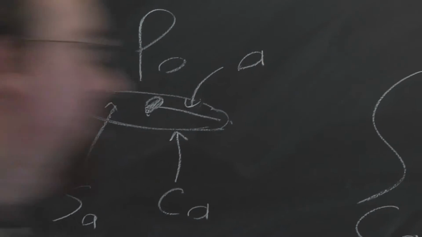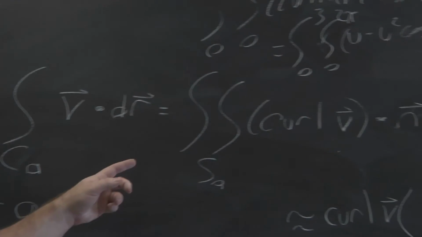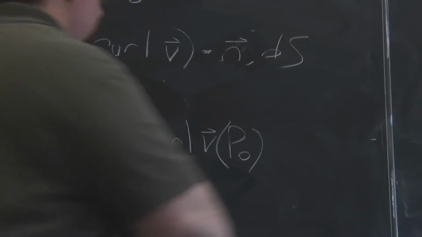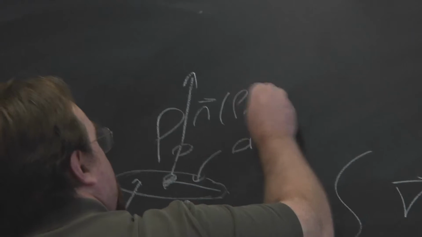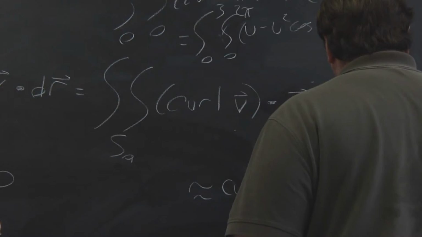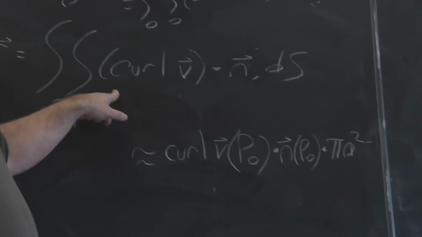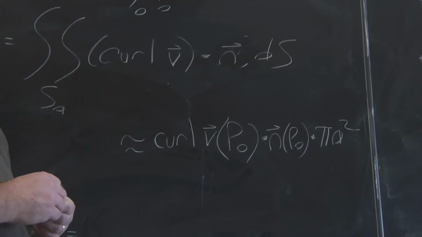Because when you're integrating over a very small region, the integral ends up being roughly equal to the value of your integrand at a particular point times the size of the region you're integrating over. So that would be pi a squared. So as a goes to 0, this surface integral roughly becomes this.